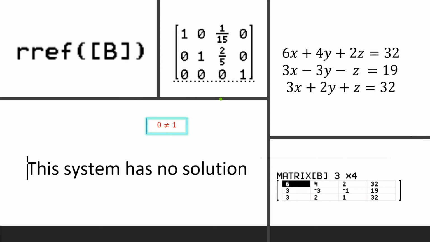Here the first 3 columns do not give a unit matrix, and when we observe the last row of the rref of B, it gives me 0, 0, 0, 1, which means that 0 is equal to 1, which is absurd. 0 cannot be equal to 1. So the last row is not true, and hence it has no solution.